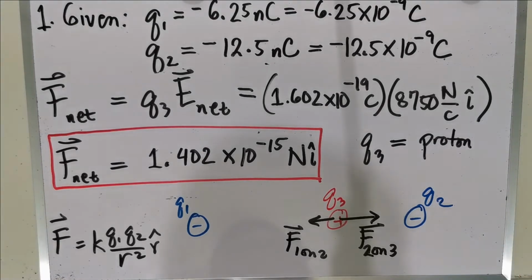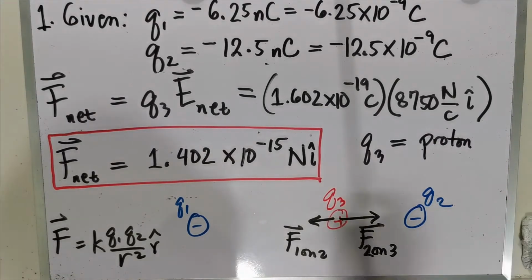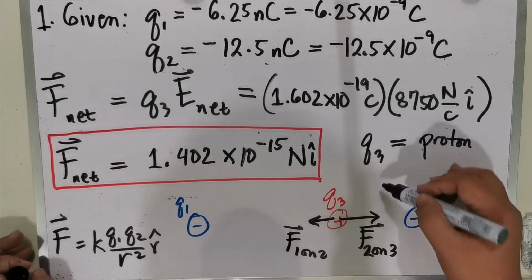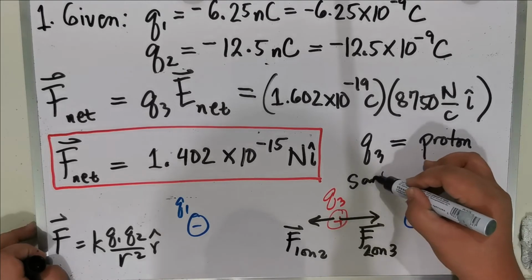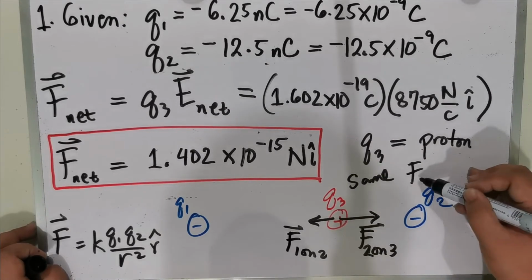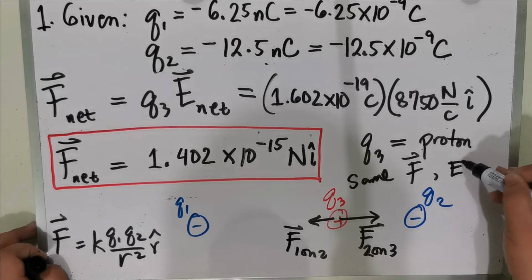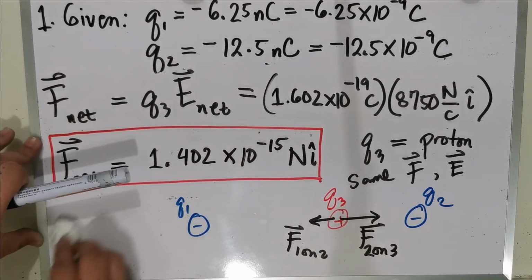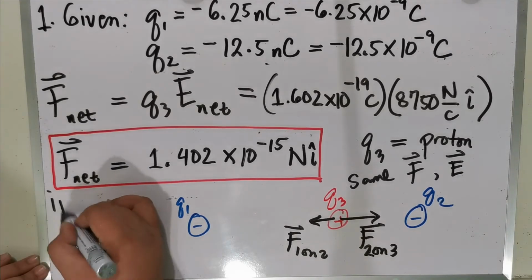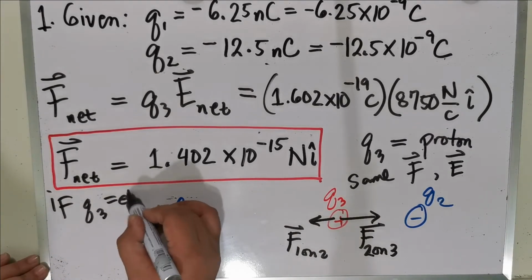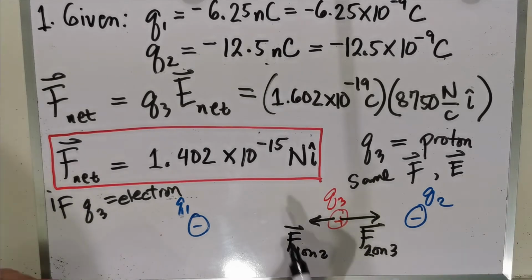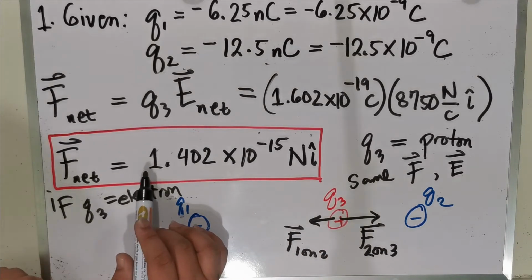So you will notice that for the case of Q3 equal to the proton, the direction of your F and your electric field are the same. But if instead of the proton, we assume Q3 is equal to the electron, since it is also a negative charge, meaning it will repel, so the direction we get is opposite, and that would be negative.